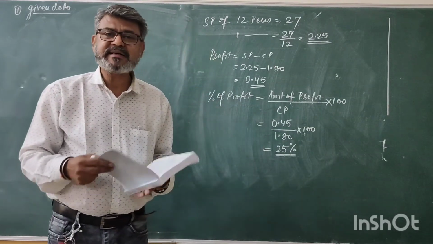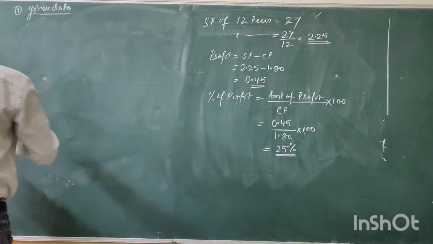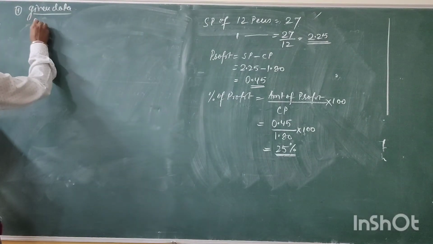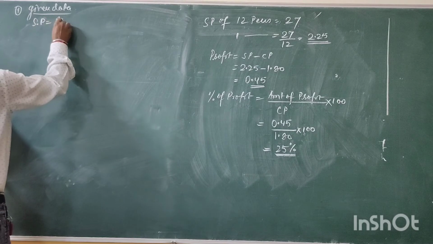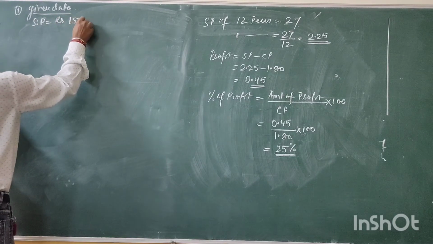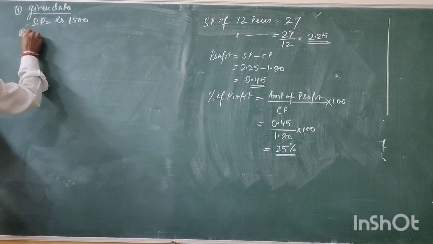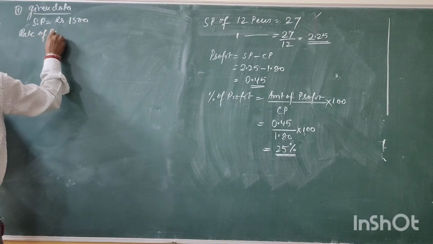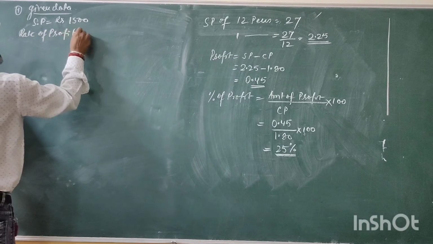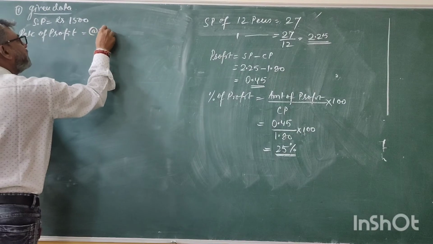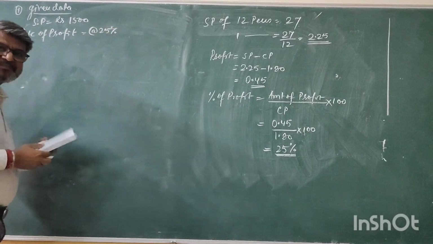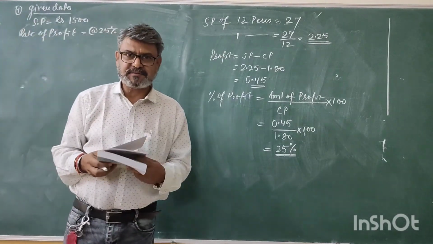Which type of data is there? The first given data: selling price is given as rupees 1500 and the rate of profit is 25%. This is the first sentence of this question.